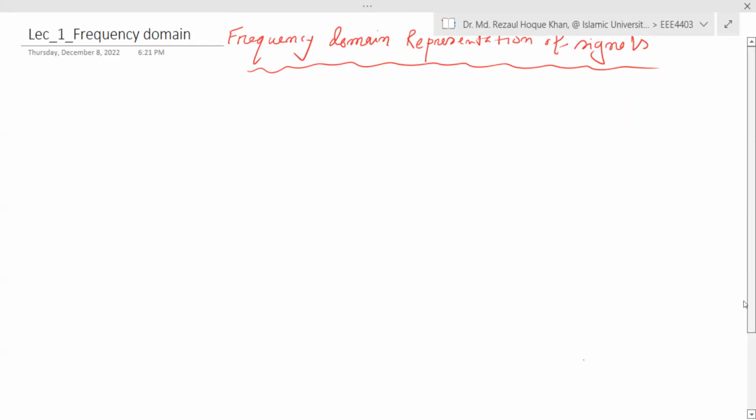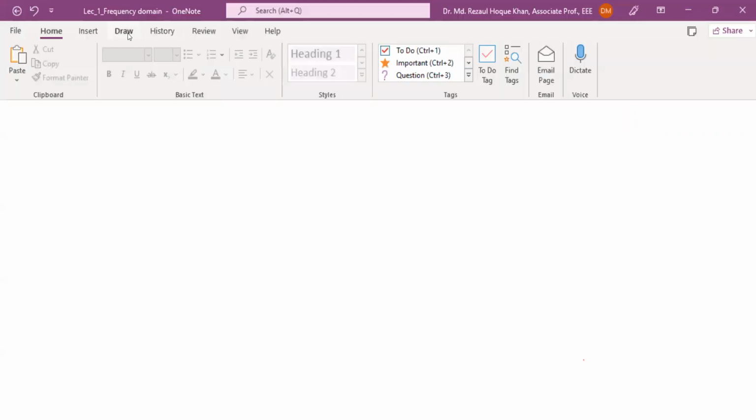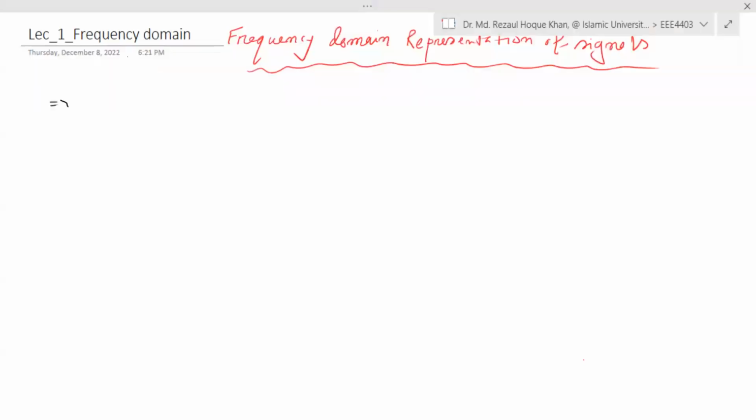So this frequency domain representation is one of the very fundamental tools for communication systems, because this topic is more applicable for analog communication.